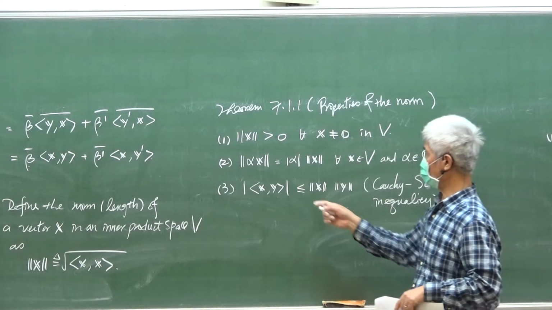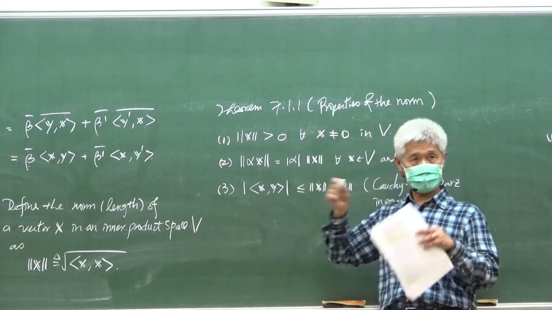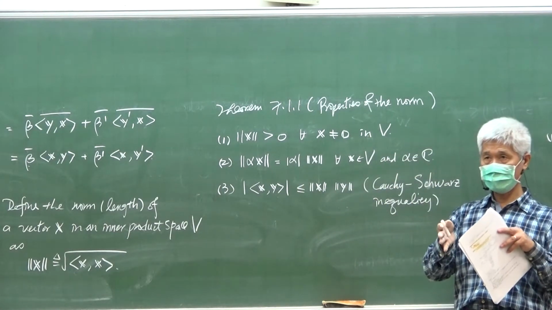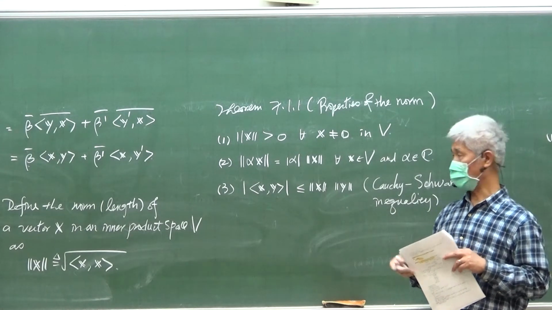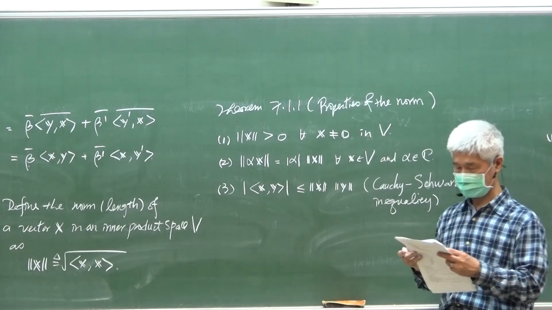So the absolute value of the inner product of x and y is bounded above by the product of the lengths of these two vectors. That is called the Cauchy-Schwarz inequality.